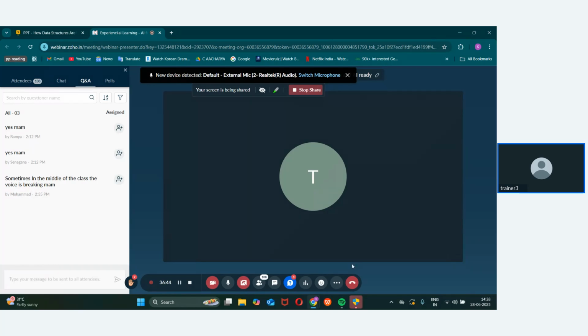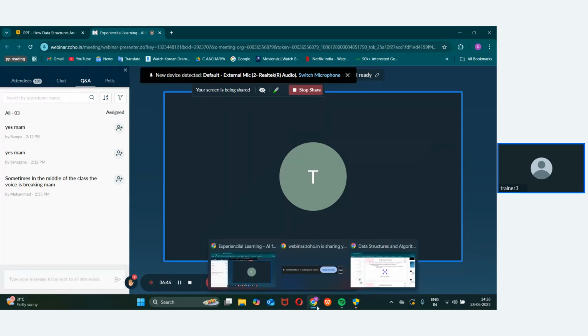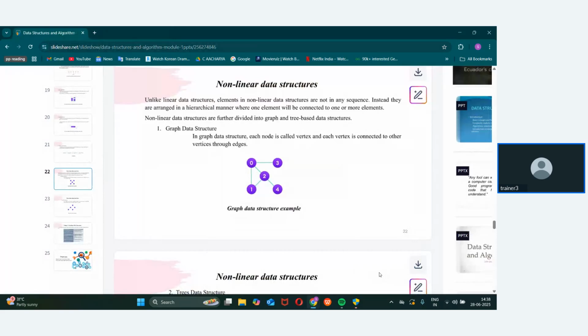So coming to non-linear data structure, we have graph and tree data structure.